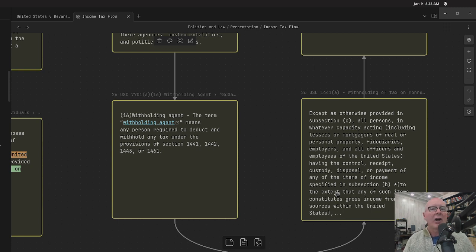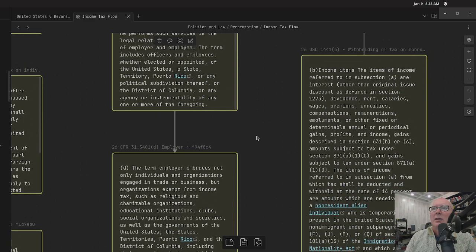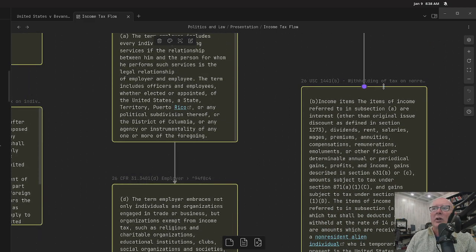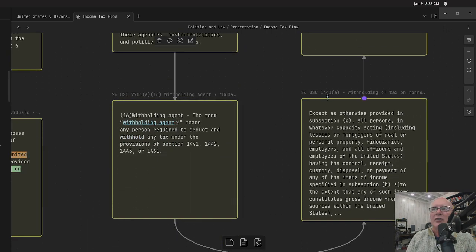It's coming from other areas, and therefore I am not obligated to do this even if I fit some of the other things, because again, the sources are not from within the United States, not from within the District of Columbia. All right, so then we have withholding tax on non-resident aliens. So this is 1441. Okay, so this is money coming from within.